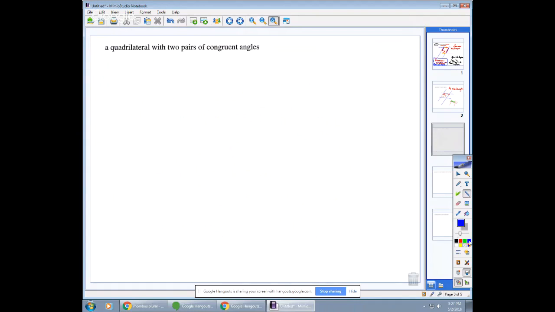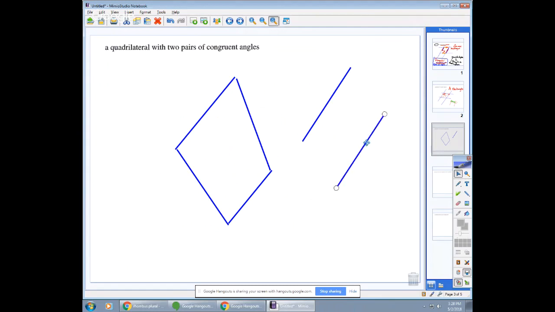It can't be any quadrilateral. You have to get congruent angles.